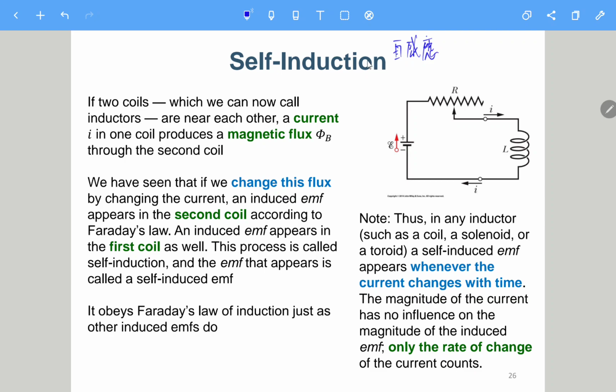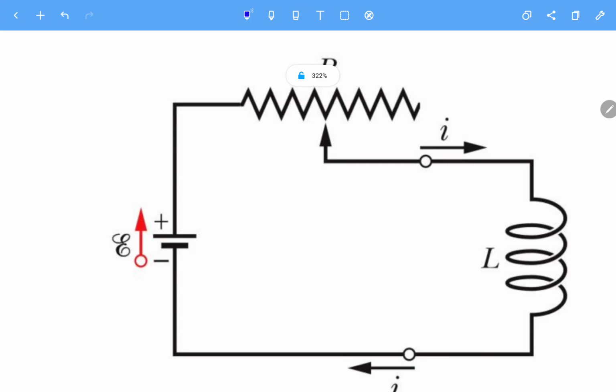Here it says if two coils, which we have now called inductors, are near each other, a current I in one coil produces a magnetic flux phi B through the second coil. So you can consider something like this.